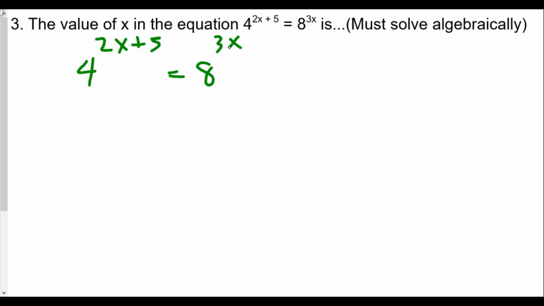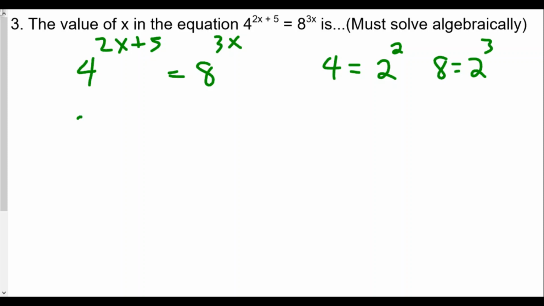It would be great if we could write 8 as a base 4, but that's not possible. 4 to the first power is 4, 4 to the second power is 16, so we can't get 8. Instead, we will change 4 to a smaller base, which is base 2. 4 is 2 to the second power, and 8 is 2 to the third power.